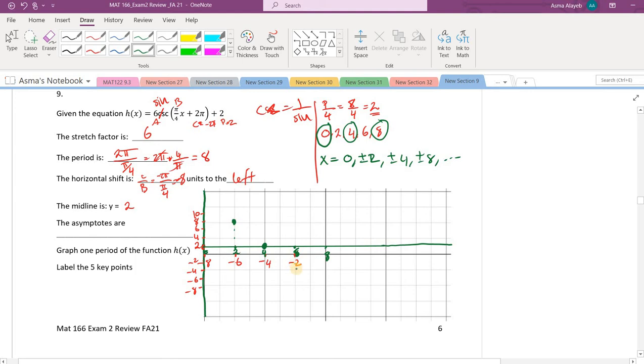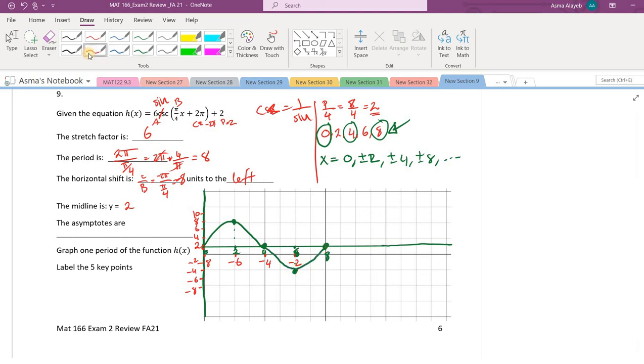So 2, 4, 6. At 8, it is back at 0. So I am using the new points to graph, not the old points. I'm not using these numberings at the bottom. Okay, so here is the graph of sine, which is not exactly what I want.